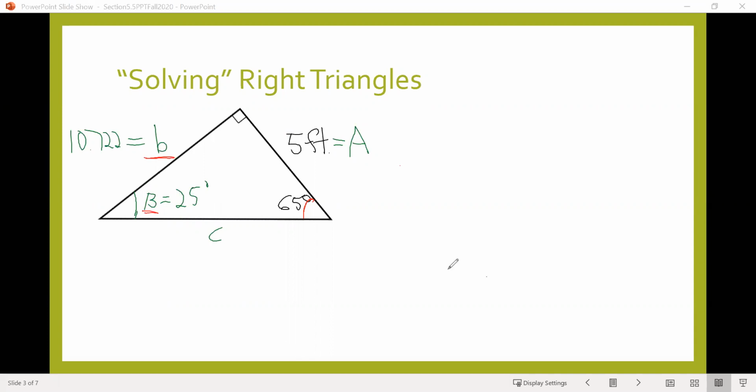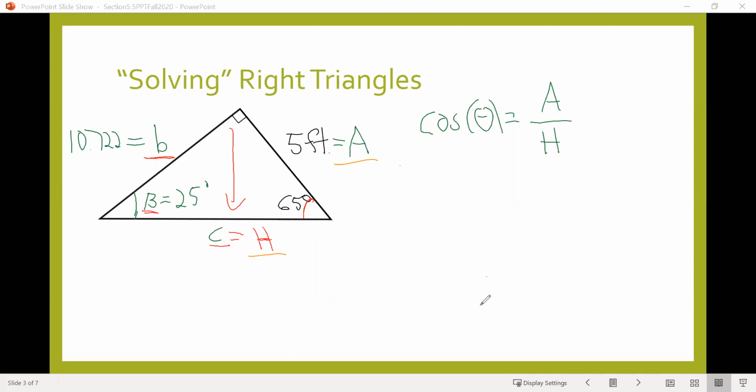The side of length c is opposite the right angle, so that tells us we're dealing with the hypotenuse. Now we have to think about what trig ratio involves adjacent and hypotenuse. The answer there is cosine. The cosine of an angle is equal to the length of the adjacent side over the length of the hypotenuse.